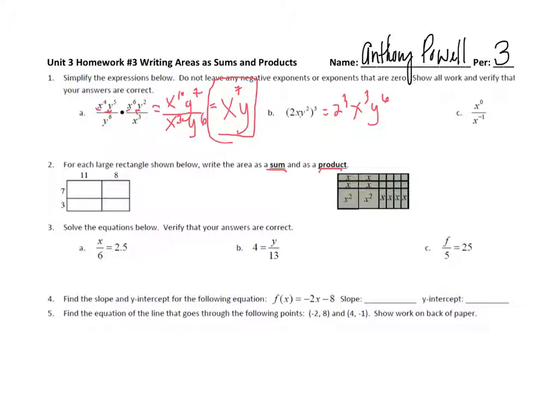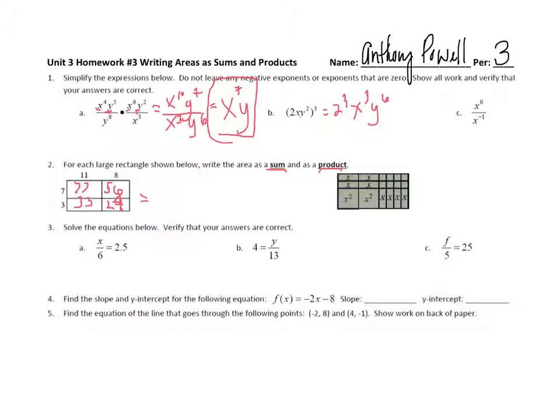Alright, it gives us a generic rectangle, and we know that 7 times 11 is 77. 3 times 11 is 33. 7 times 8 is 56. And 3 times 8 is 24.